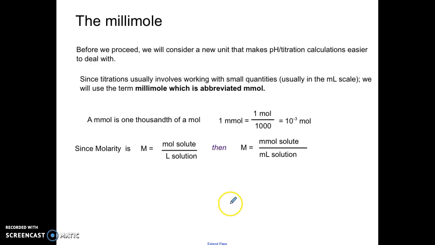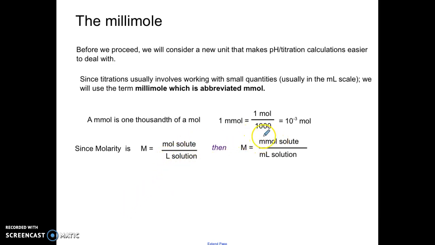The other thing that I want to point out before we start with the calculations of how you do a strong acid, strong base titration is the idea of a millimole. A millimole is a thousandth of a mole. Just like a milliliter means a thousandth of a liter, we can use the term millimole.